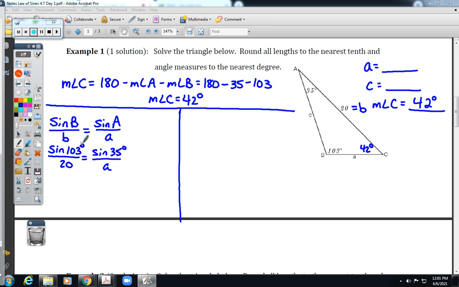Okay, now how do you solve any proportion? Cross multiply. So we cross multiply. We do 20 times the sine of 35 equals a over the sine of 103, or times the sine of 103.